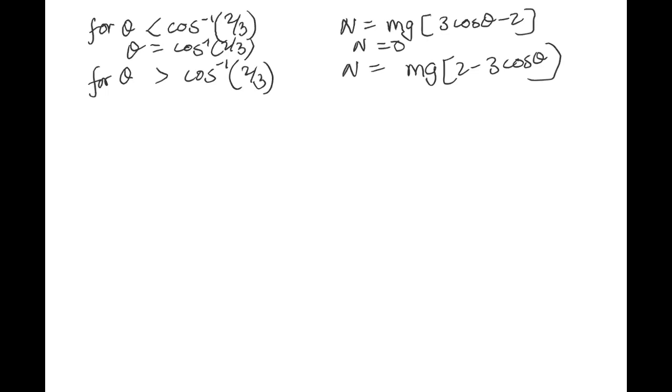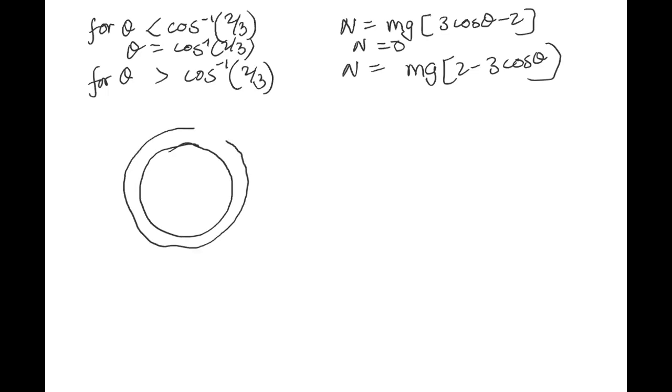Okay, now for the second part of the question. So, what we want is number one, ये मैंने cosine inverse 2 by 3 की लाइन बना दी है.